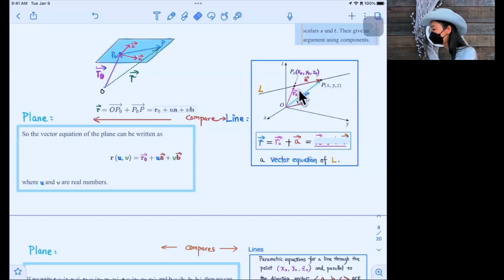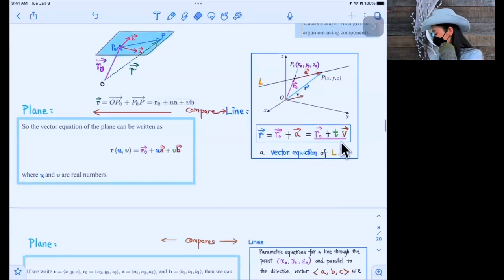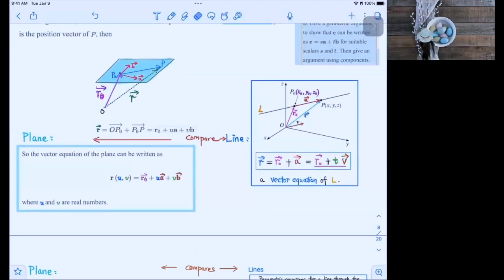It should be R naught plus A. And now what should I put over here then? Well, that will be R naught plus the parameter T times the direction vector V. Remember A here is equal to this scalar multiple of this V. The V here is the direction vector.